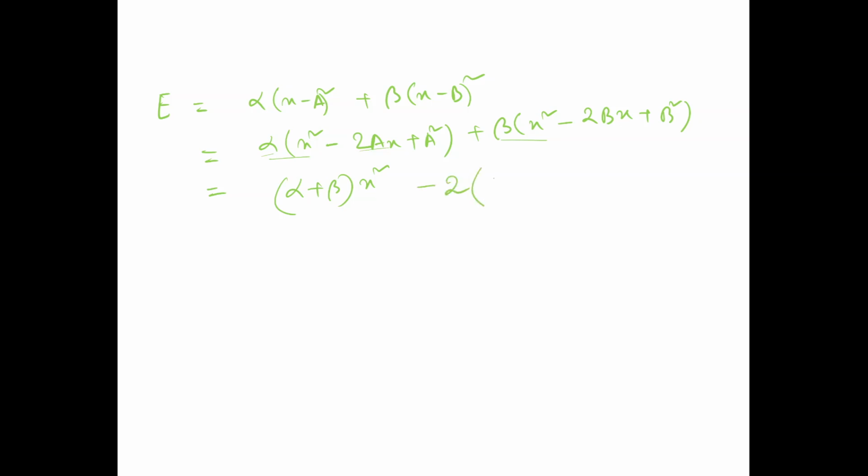So now you will have (alpha a plus beta b) x. And the remainder part, alpha a square plus beta b square, right? So your E reduces to this.